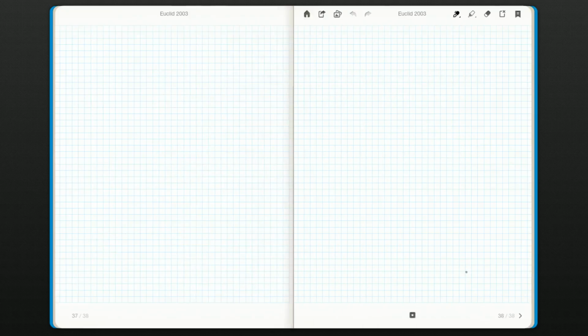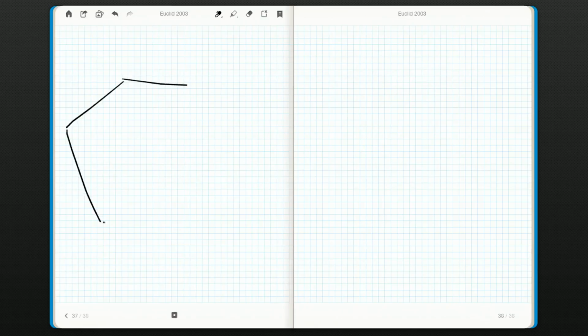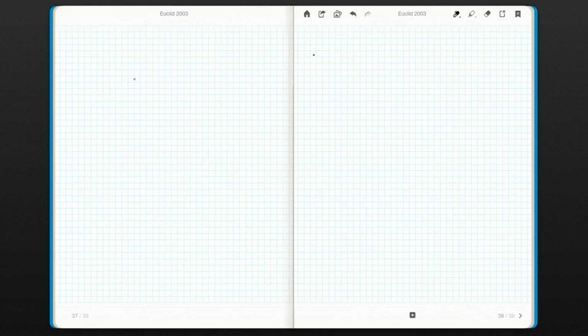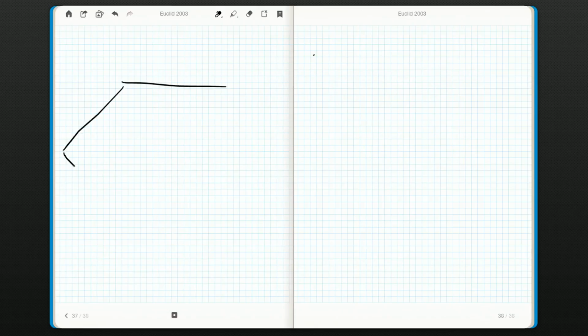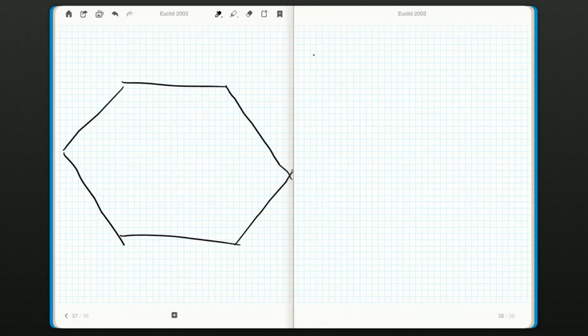Okay, so we're going to redraw our picture here. And it's going to be, that's a terrible equilateral triangle. Or not equilateral triangle, regular hexagon. That's a little bit better. Okay.